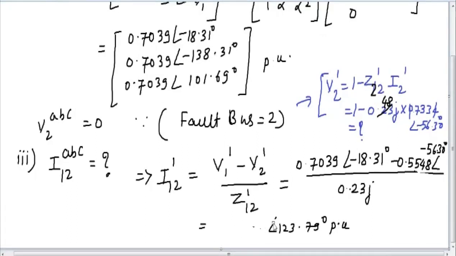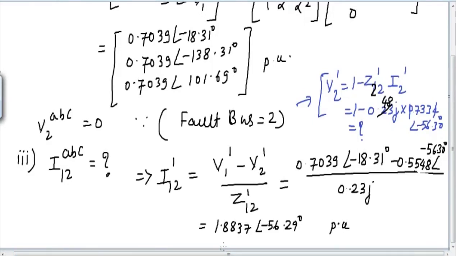So there is a change here. So what is the value of I121? I guess the value of I121 is 1.8837 at an angle minus 56.29 degrees per unit. So this answer is coming, everyone check it. 1.8837 at an angle minus 56.29.